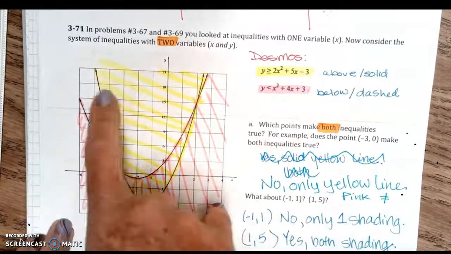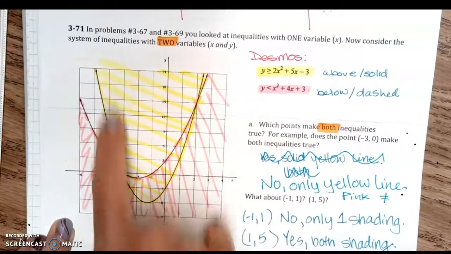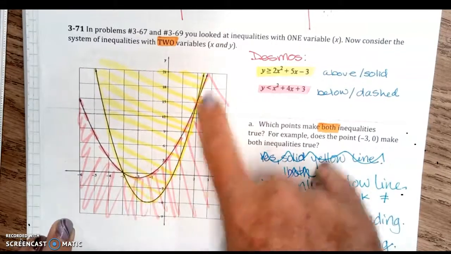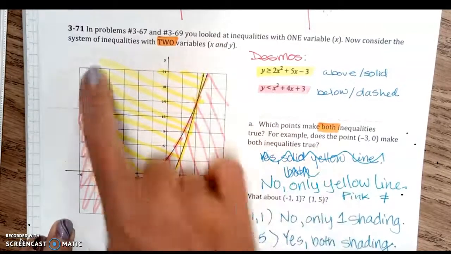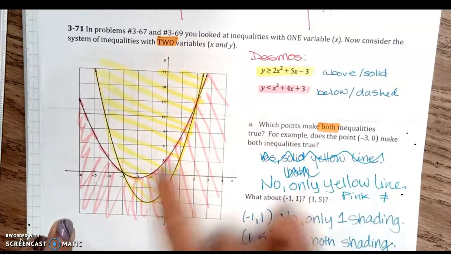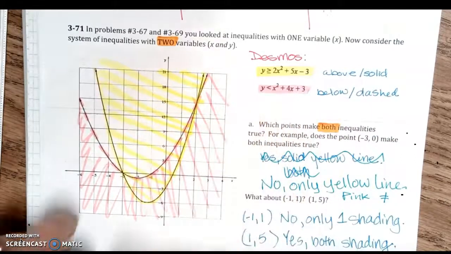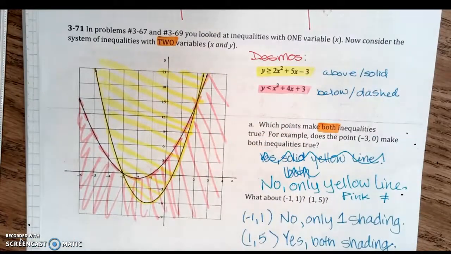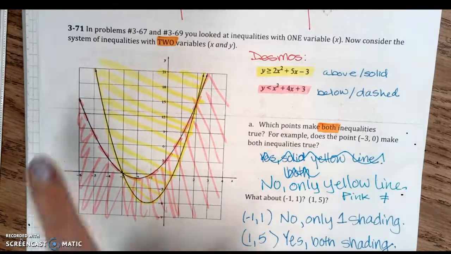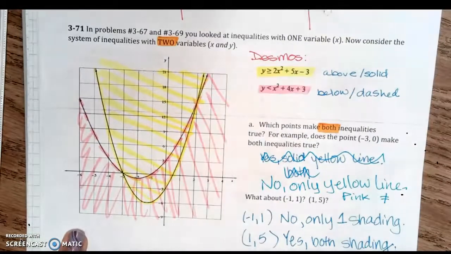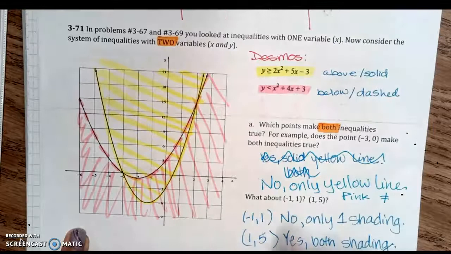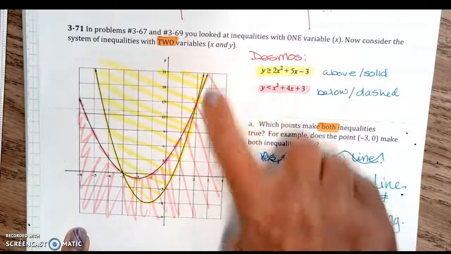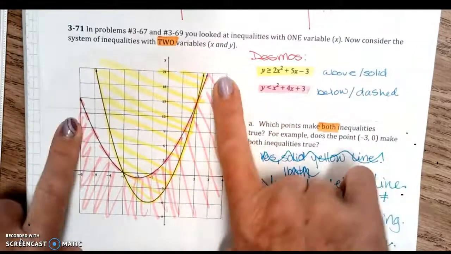Yours is graphed on your paper, right? Okay. So it's going to be solid, and then it should be shaded above. Okay? Do you need to completely shade it in? No. You just want to do the slashes like I did, you can.